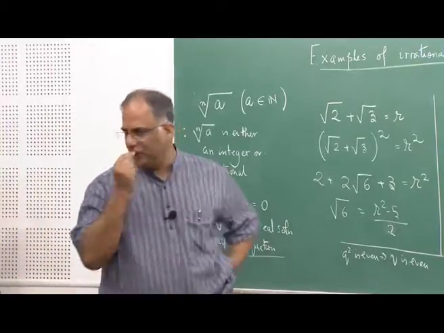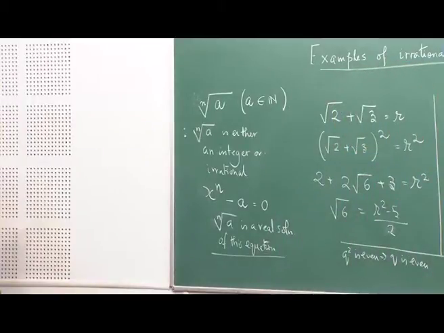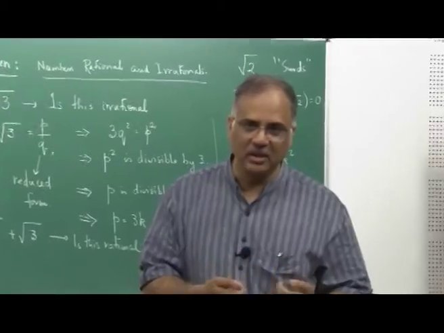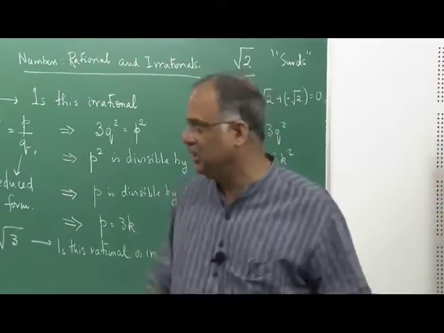So, the question would be, will the real solution of this polynomial equation give me some hint about the irrationality or rationality of the number, or whether it is an integer?